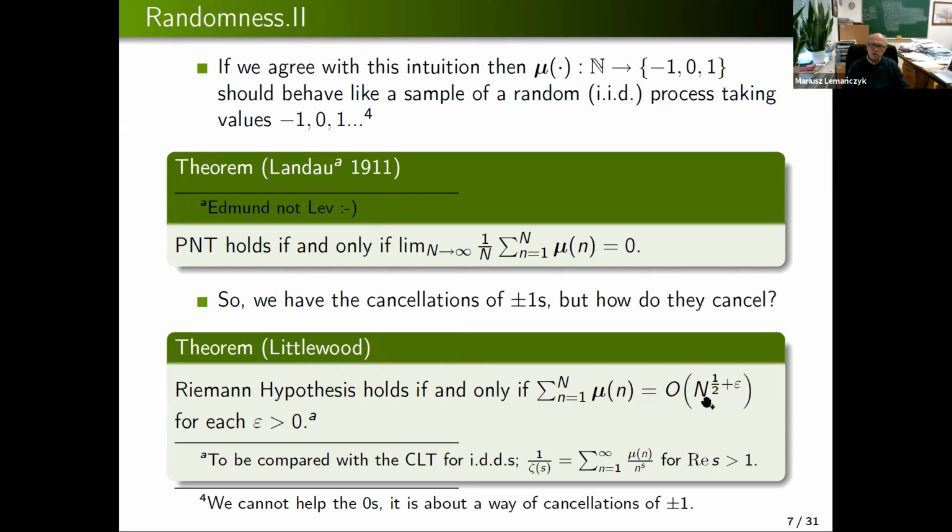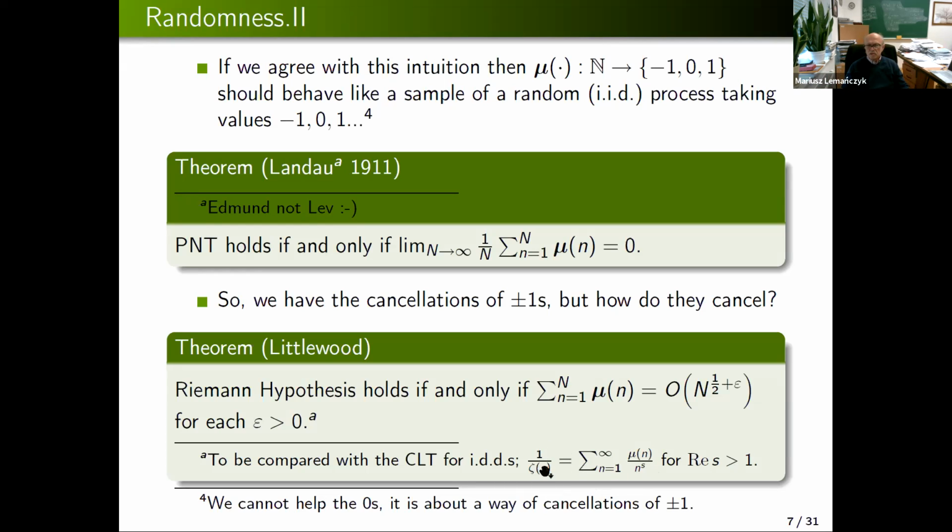Of course, this formula is still in the spirit of IIDs, because you may think about the central limit theorem for IIDs. And also, if you want to see from a different angle why this Mobius function is so basic in number theory or in mathematics: if you just look at the Riemann zeta function, to the right of the critical line, where the real part of s is equal to 1, there are no zeros.